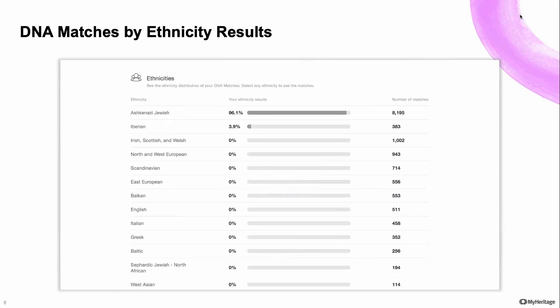And also we give you a breakdown by their ethnicities. So you can look at their ethnicity results. If, for example, I'm currently researching my Iberian side of the family, the branch of the family from which I inherited the Iberian ethnicity, I can click on that and see the 383 DNA matches that also have Iberian in their results.